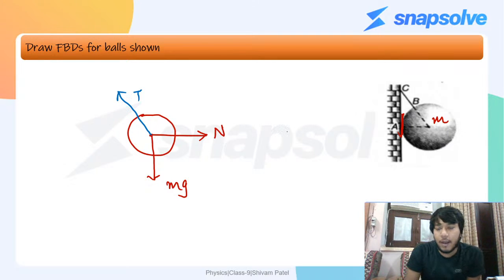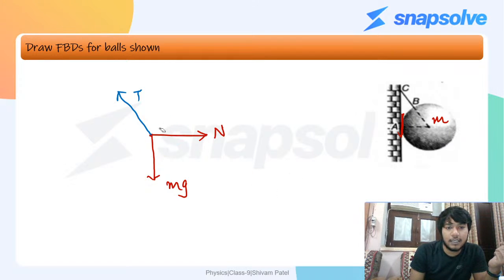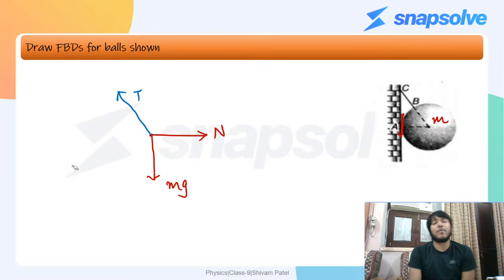So I guess we have marked all the forces. We have marked the weight, we have marked the contact force, which is the normal reaction force, and we have marked the tension force because of the string. So this will become the free body diagram for the ball, right? So now if you want, you can erase this circle. Now this will become the free body diagram for this ball.